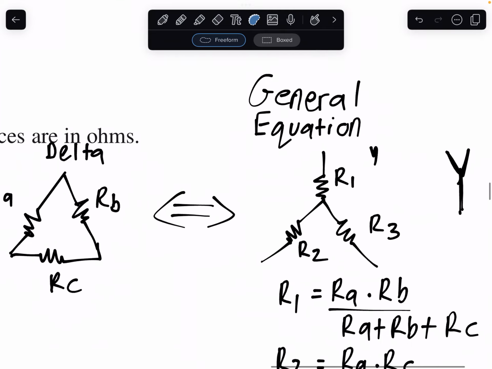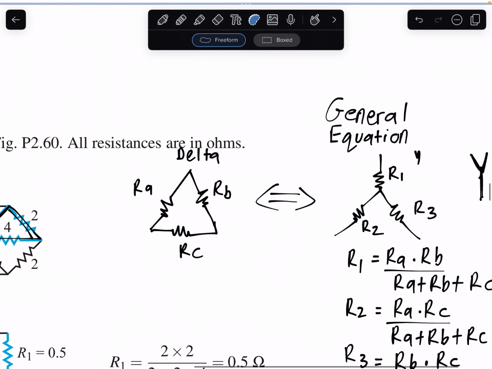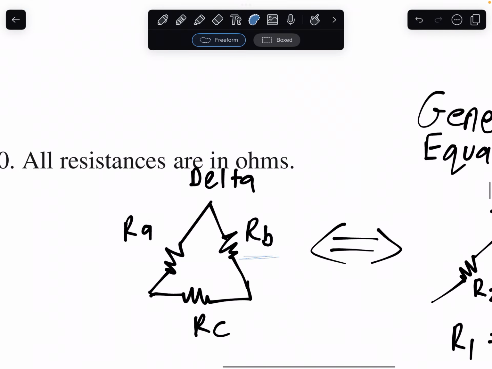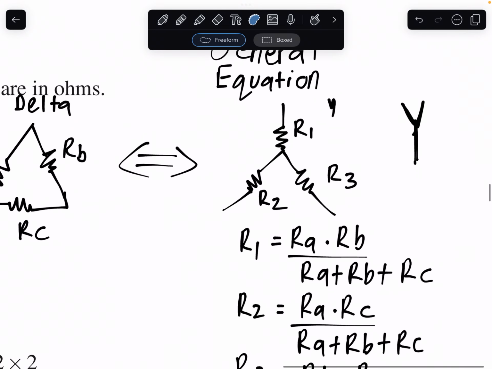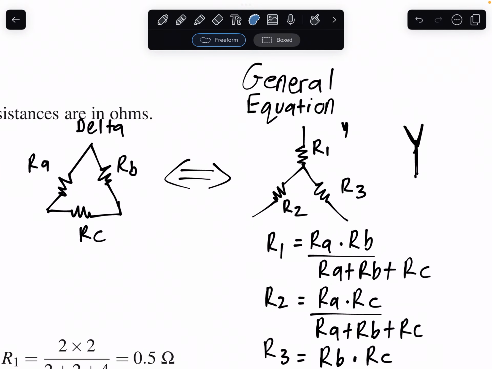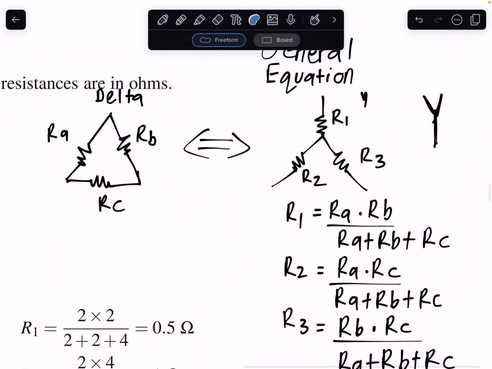And in this case, R1 will be the resistor between RA and RB, and in order to find that, you would multiply RA and RB divided by the summation.